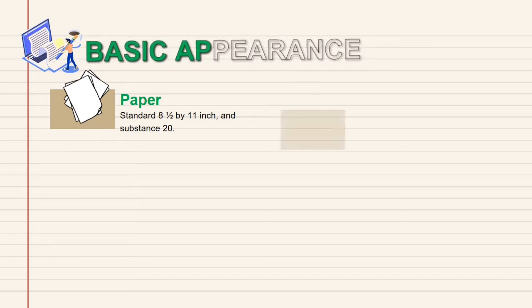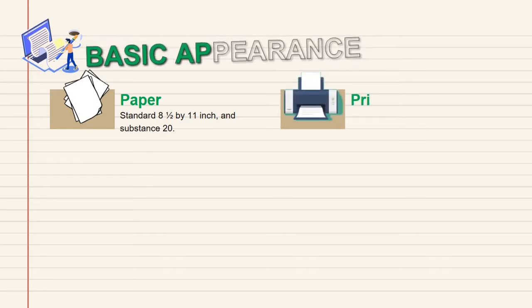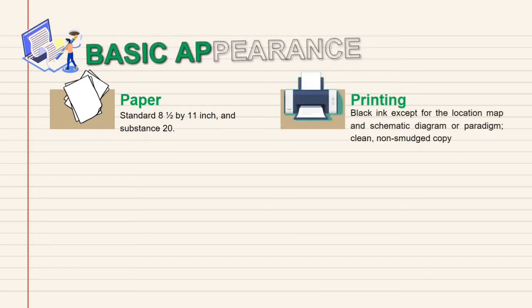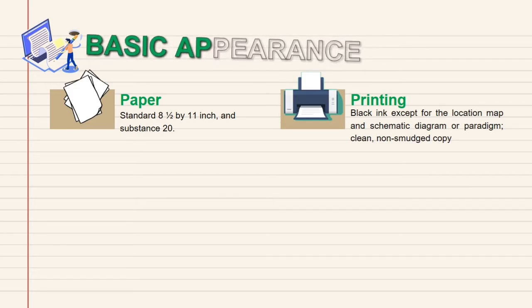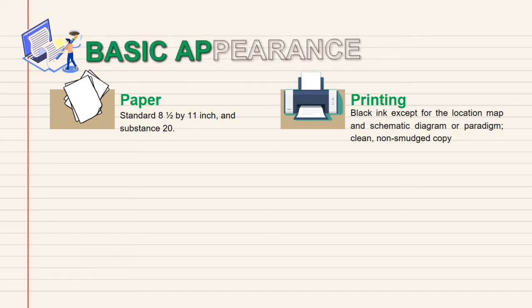Then we have printing. The theses are to be printed using black ink, except for the location map and schematic diagram or paradigm of the research process. The device chosen to produce the final copy should provide a clean, non-smudged copy with consistent contrast throughout the document.